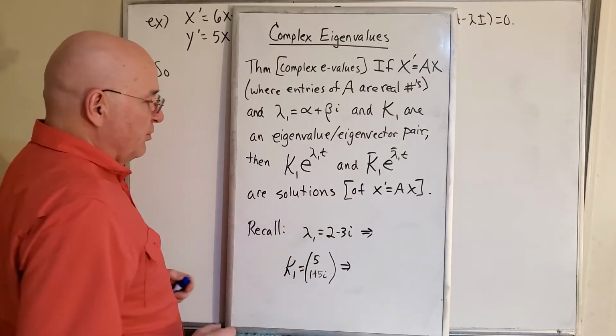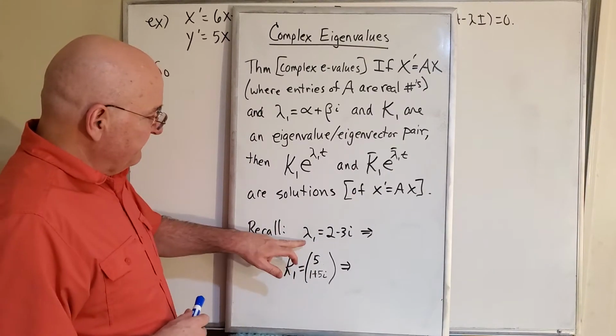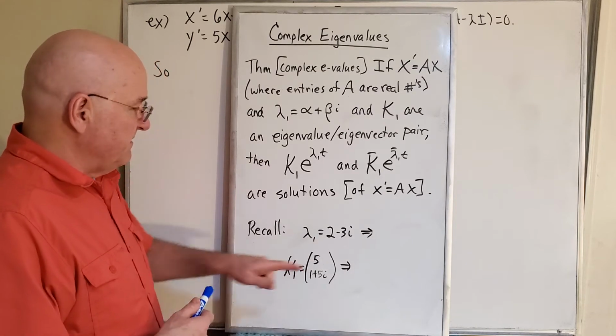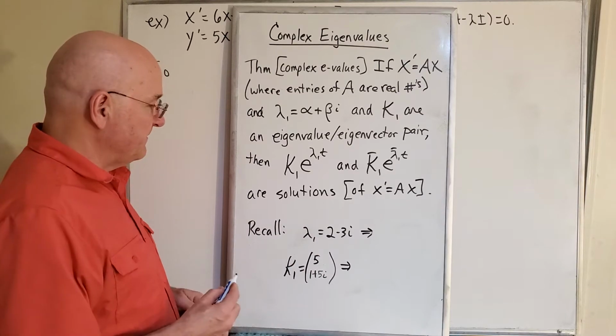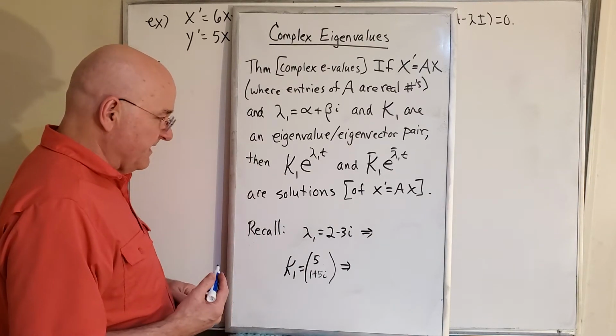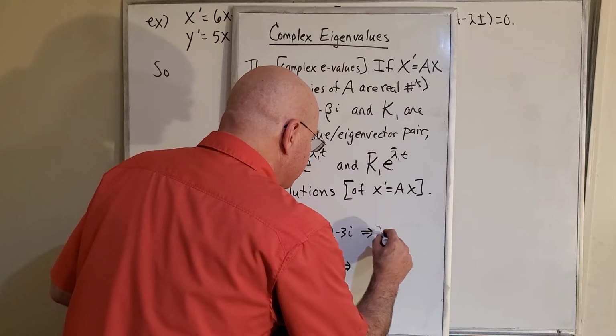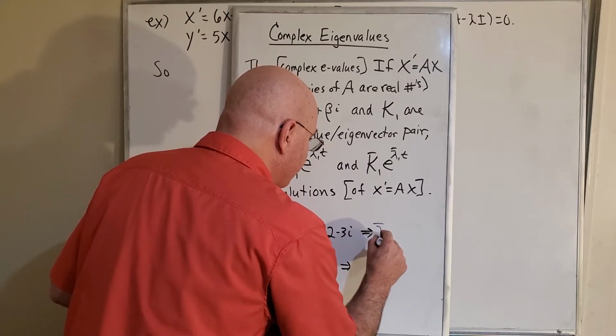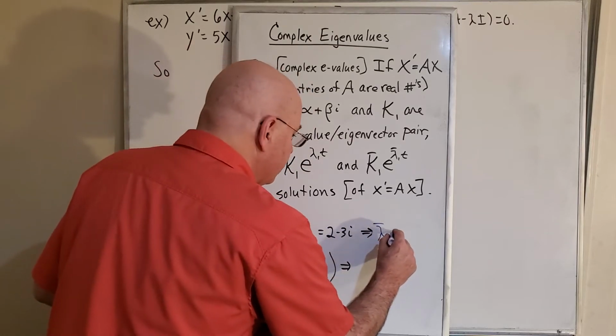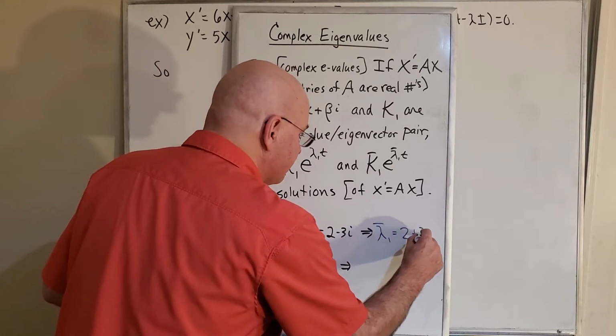So recall, if you don't remember what a complex conjugate is, if lambda 1 is this number, alpha would be 2, beta would be -3 in alpha plus beta i, that just means that lambda 1 with a bar over it, the complex conjugate, is 2 plus 3i.